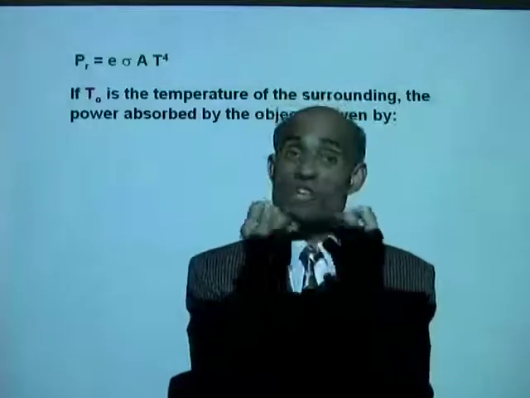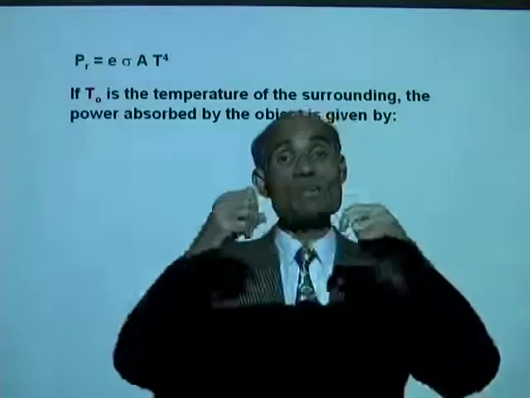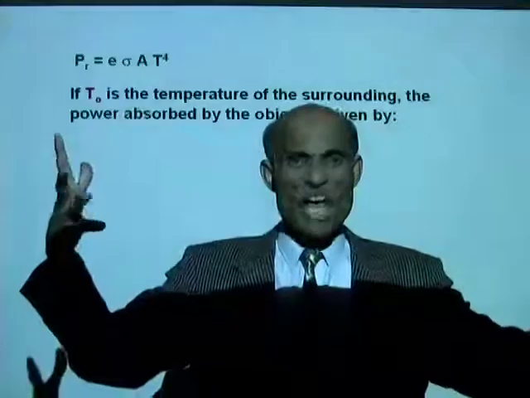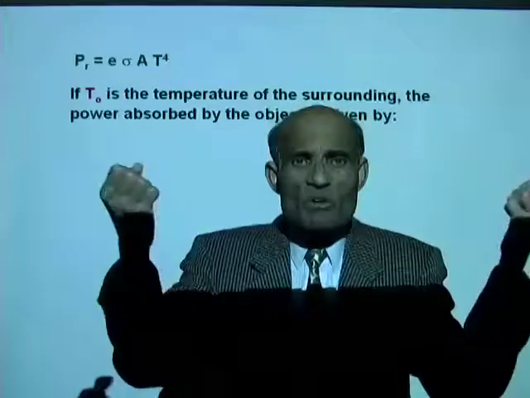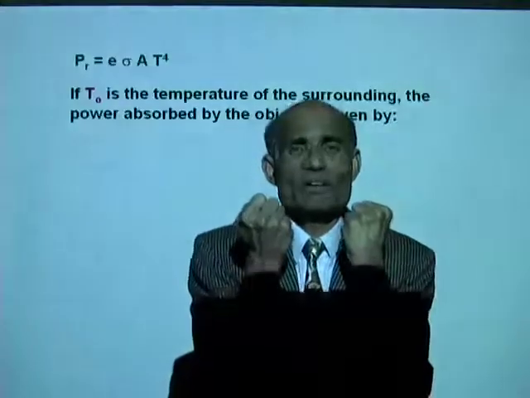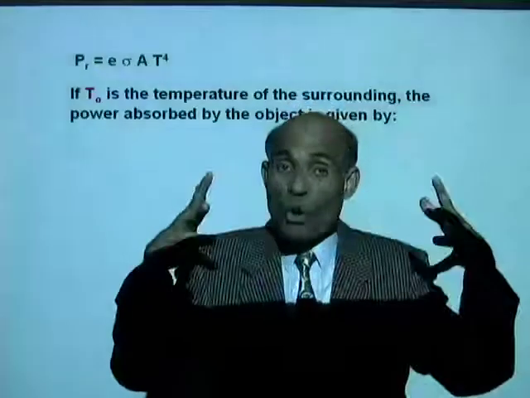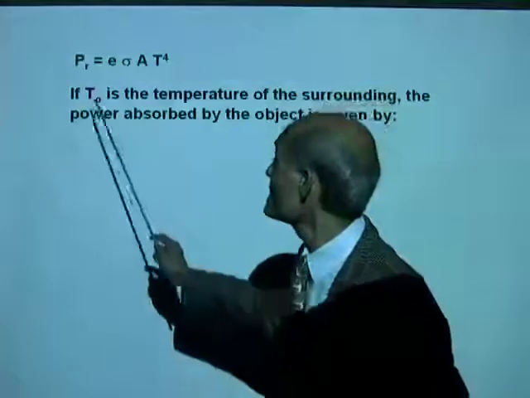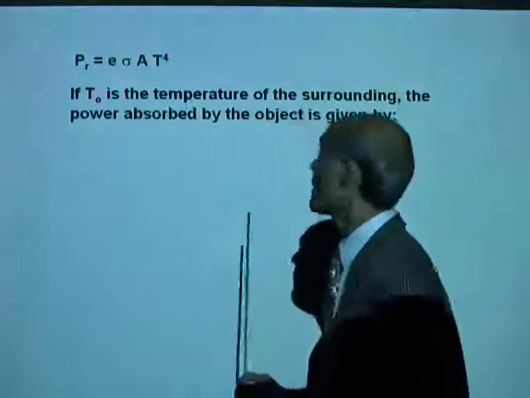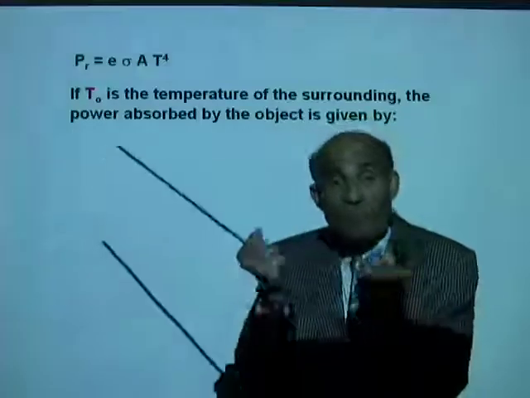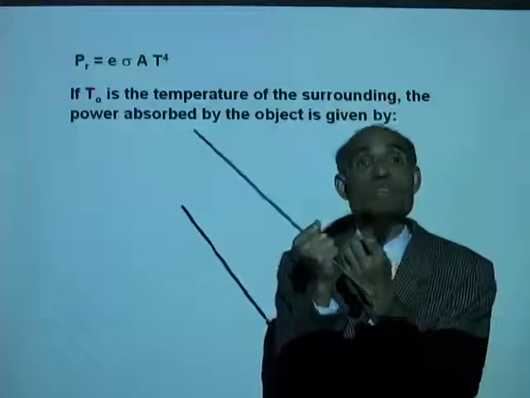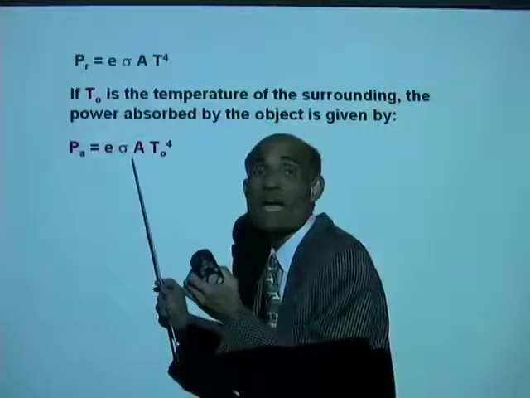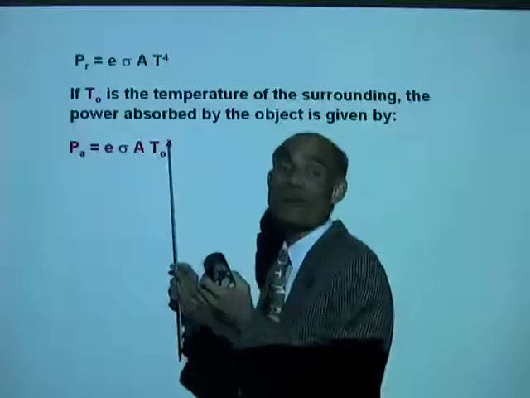The amount of energy absorbed by an object depends on the temperature of the surroundings. You see, if I stand in a very warm room, I will be absorbing energy. If I stand in a very cold room, I will be radiating energy to the surroundings. So if T0 is the temperature of the surroundings, then the power absorbed by the object is given by P sub A equal to E sigma A T0 to the power of 4.